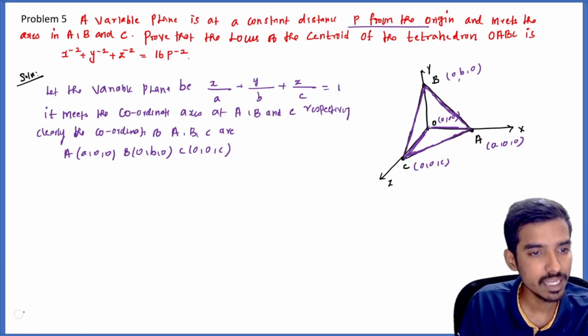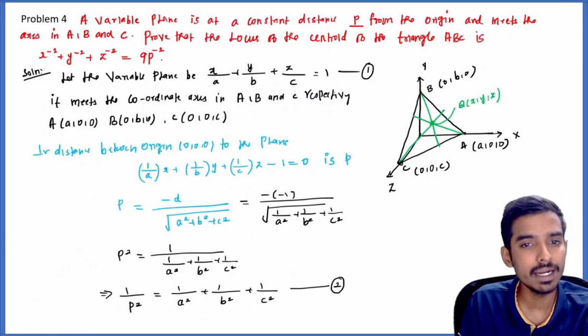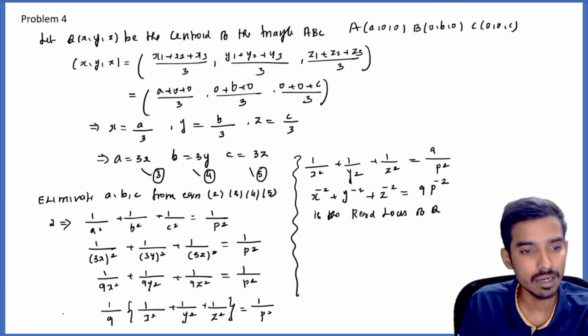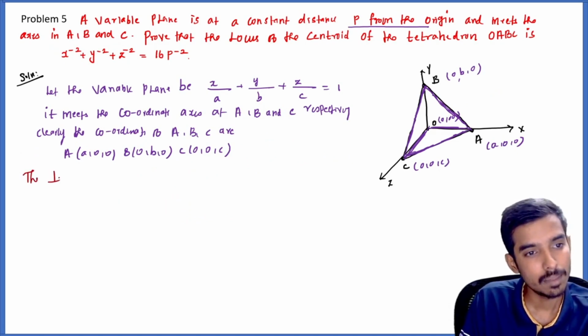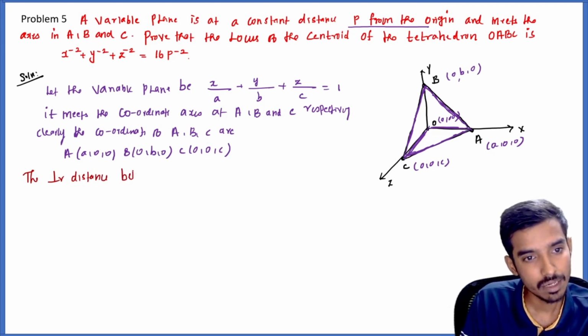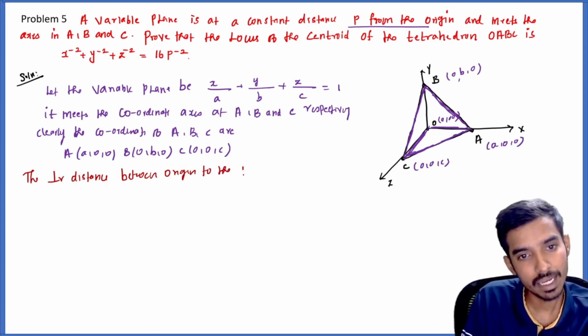Right? So we'll do the same thing as we did before: the perpendicular distance from the origin to the plane is p. What is the plane here?